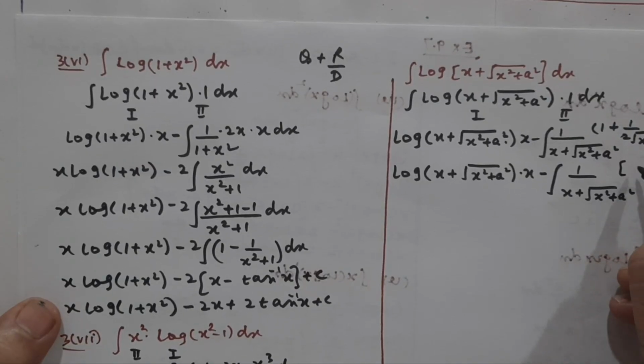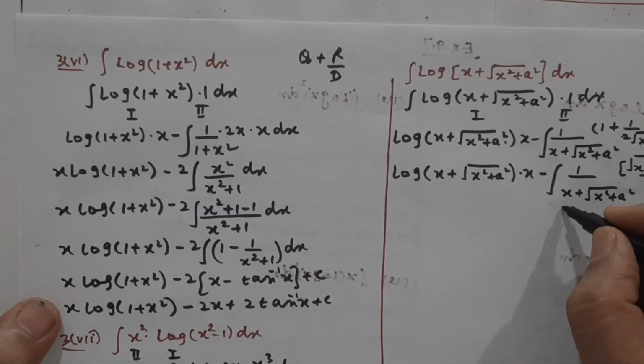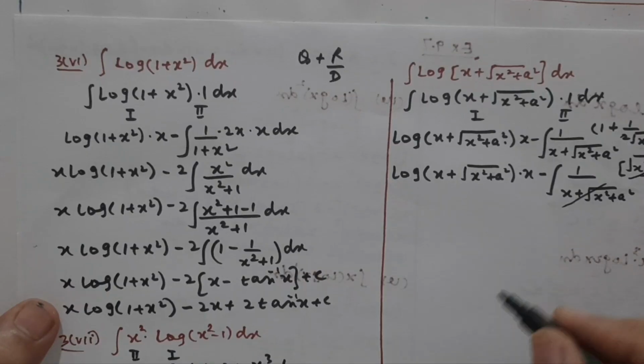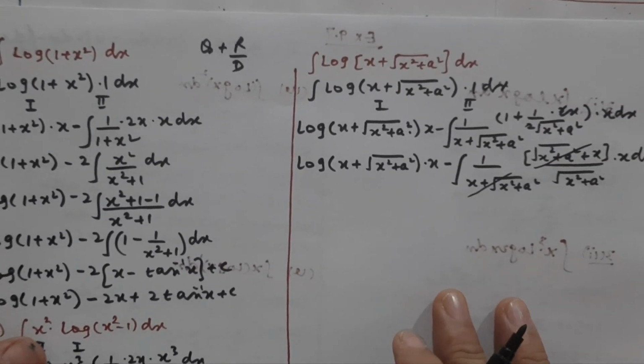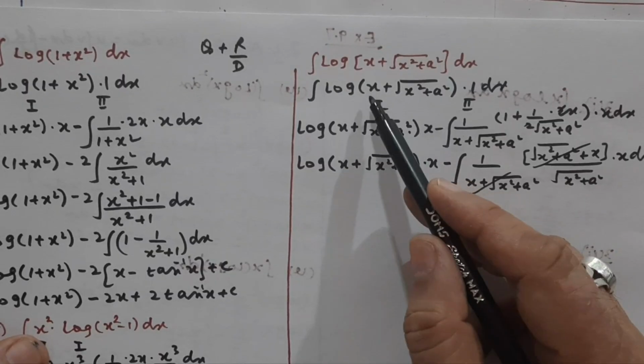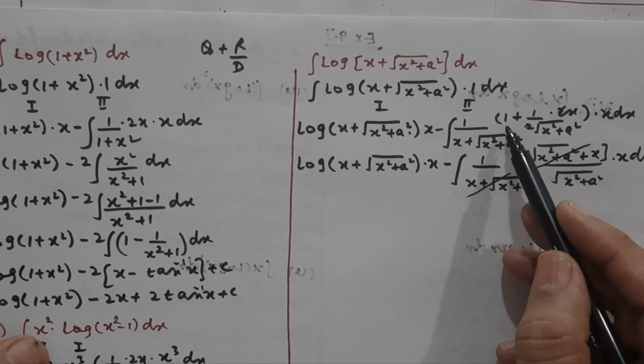Take LCM of the bracket. So what we get, under root x square plus a square plus x, over under root x square plus a square, into x dx. Now cancelling this factor with this factor, like this. See again, log fx, 1 upon fx into derivative of fx.